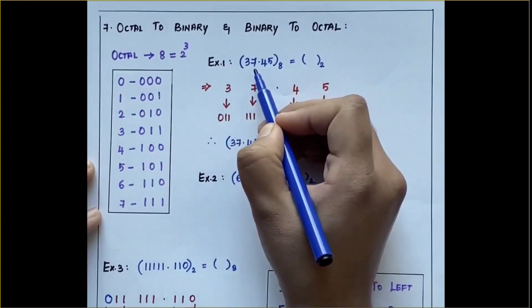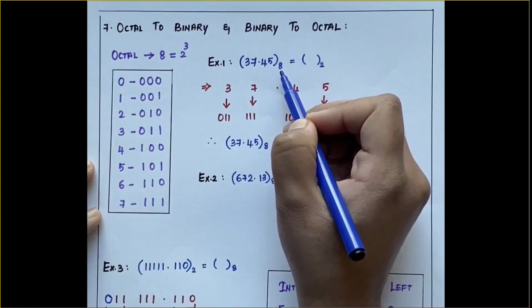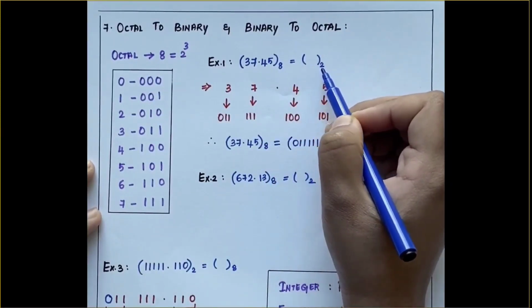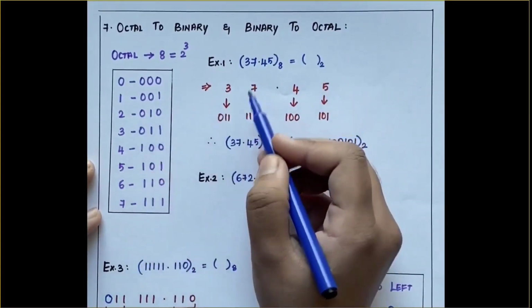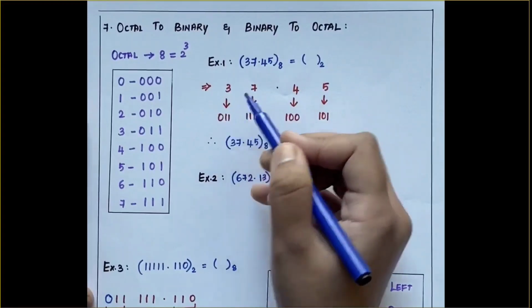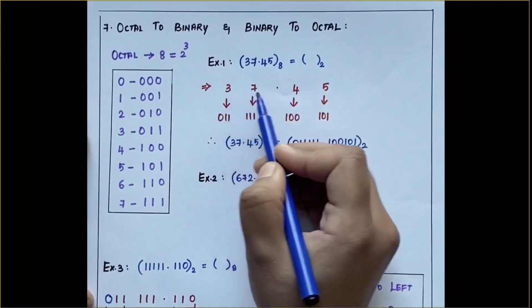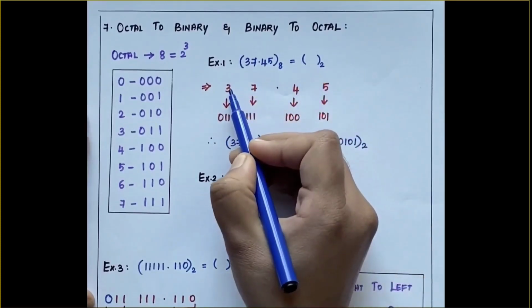Given is an octal number 37.45. We have to convert this octal number into its equivalent binary value with the base 2. To convert this, we have to know this particular value, so we will just replace this set of values in the given number. 37.45 has both the integer part and fraction part.